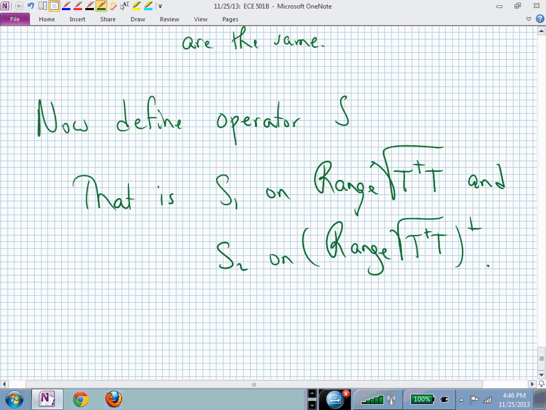And because of this separation of the domain space, something in here is orthogonal to, by definition, its orthogonal complement. So now we have this direct sum decomposition of the original underlying space, V.